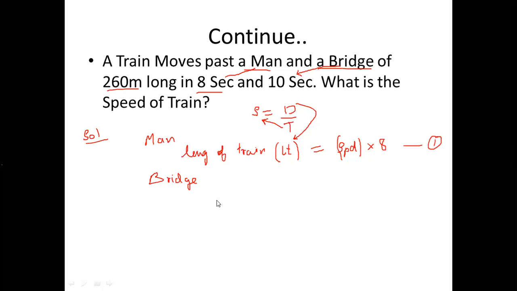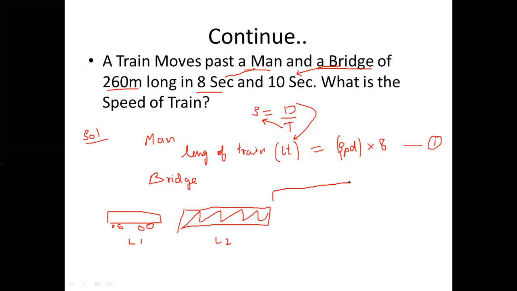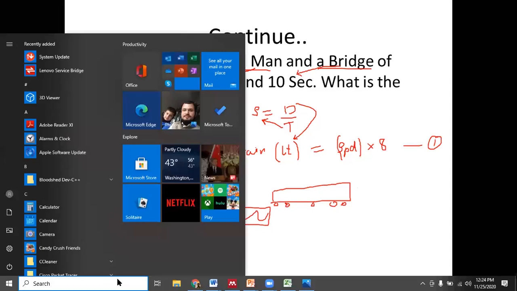Since we are going to consider the length of the bridge and the length of the train both in this case, as I told you, if we have a train which is going to pass this bridge of length L2, and the length of the train is L1, then the complete train will have passed the bridge when we cover the total length, that is the length of the bridge and the length of the train.